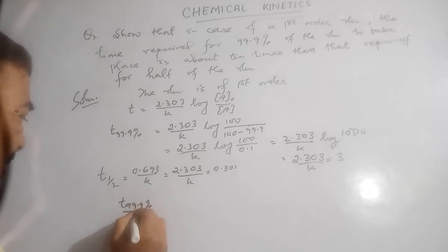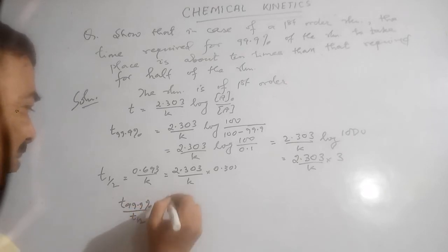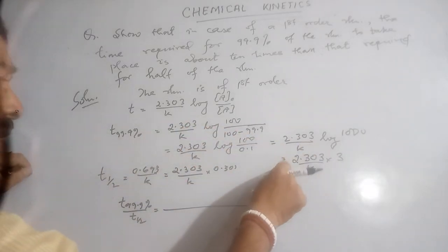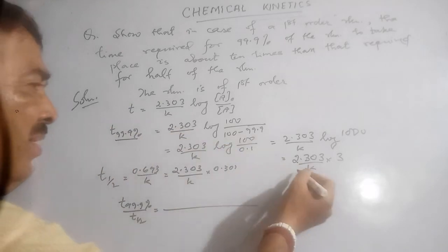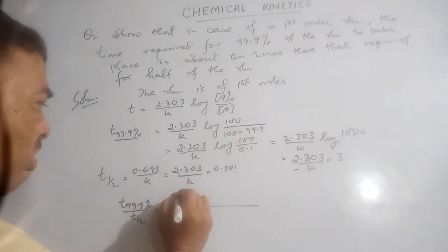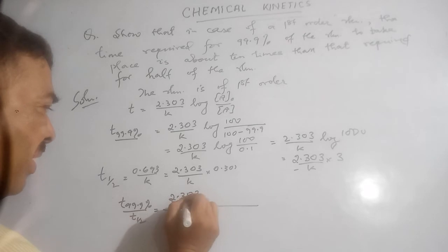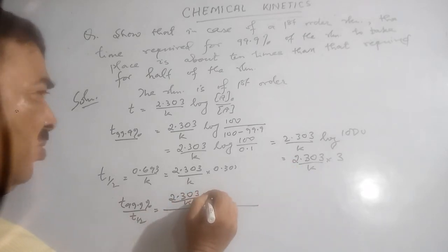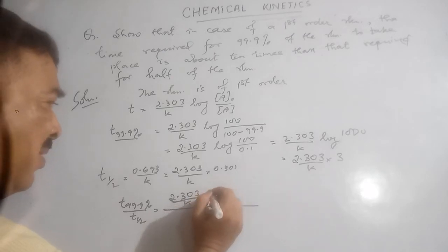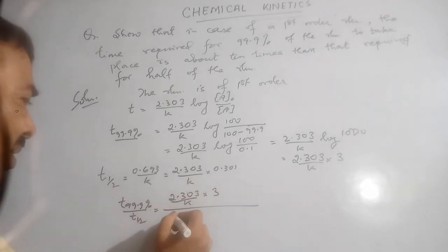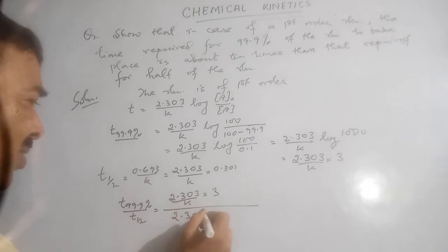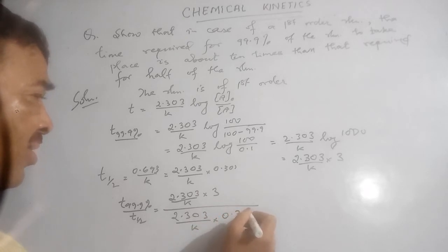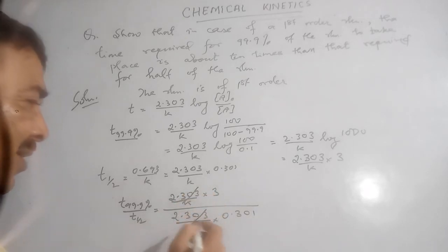Okay. Now we can write T 99.9% by T half is equal to what? Substitute the values: 2.303 by K into 3, and here 2.303 by K into 0.301. This gets cancelled.